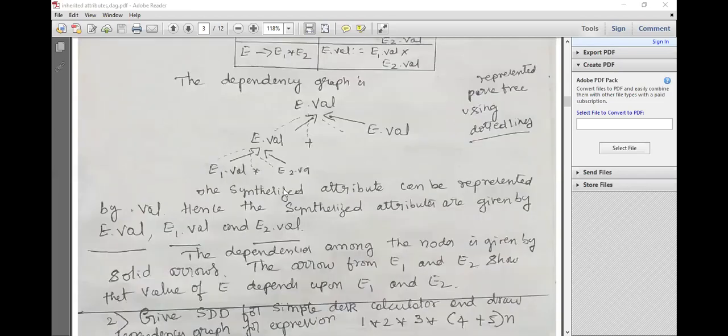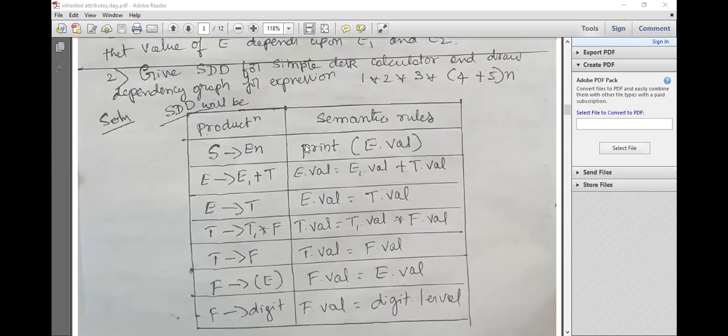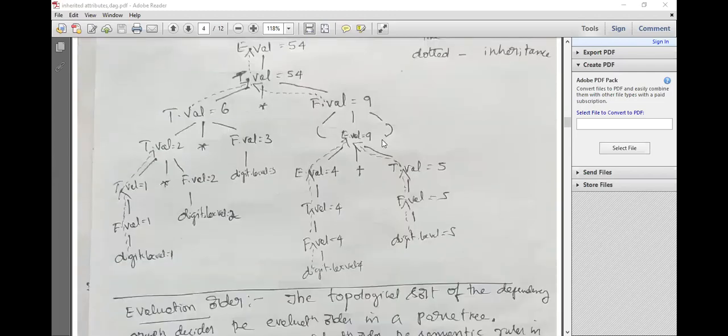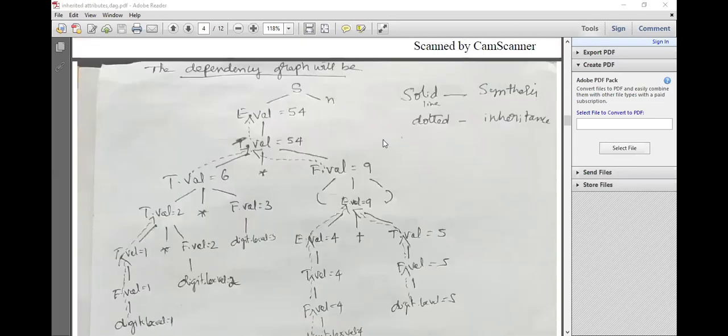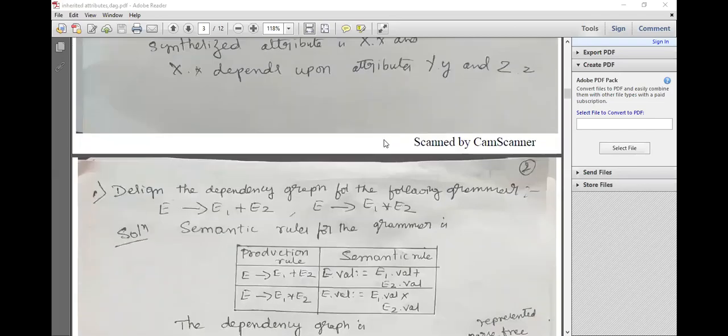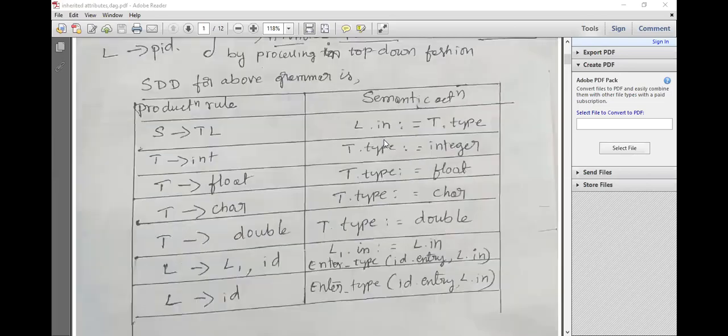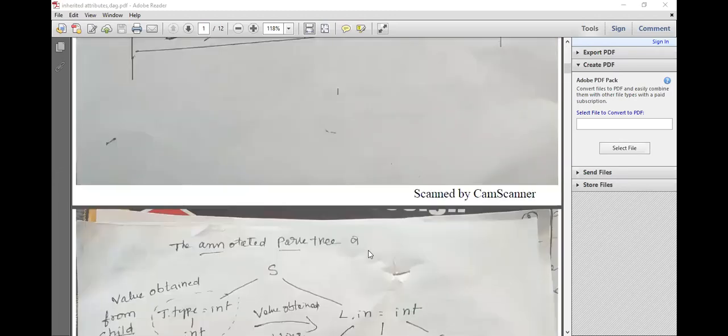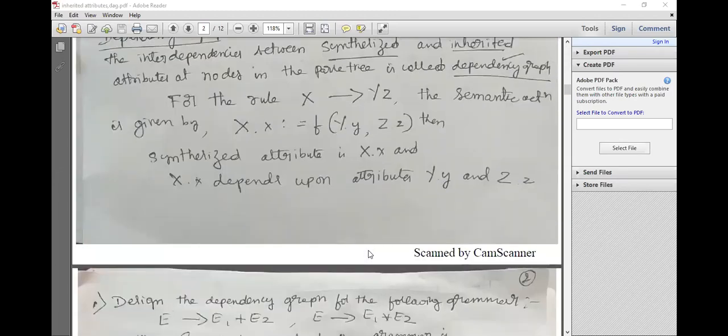Since both are there, we are going to draw the dependency graph of these productions. This diagram was already discussed in the last class. Bottom up is for the synthesized attributes, and top down fashion is for the inherited attributes. You have to keep remembering that.